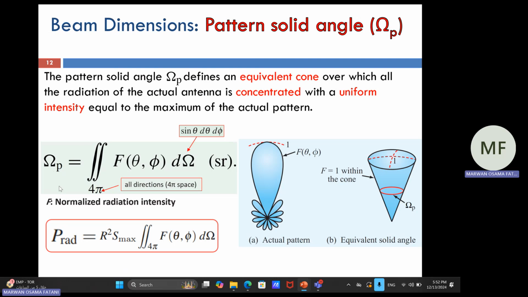And the formula for it is represented by this variable, omega p. We can find it by integrating the normalized radiation intensity across d omega, which is equivalent to sine theta d theta d phi in spherical coordinates.